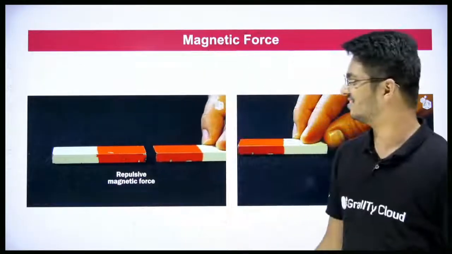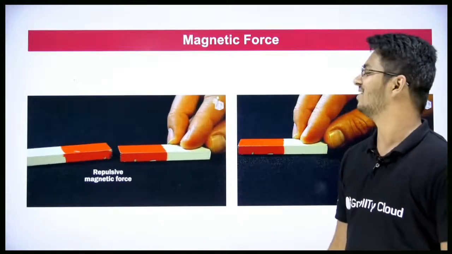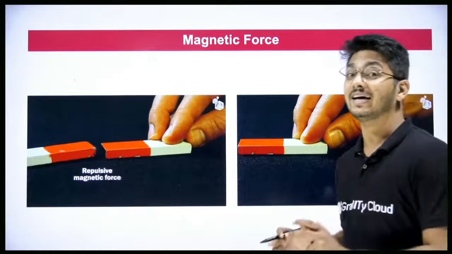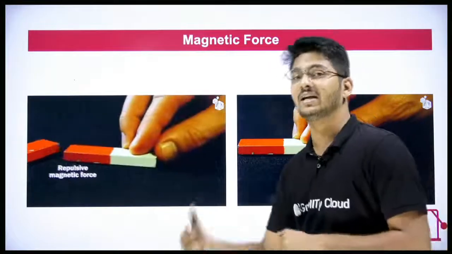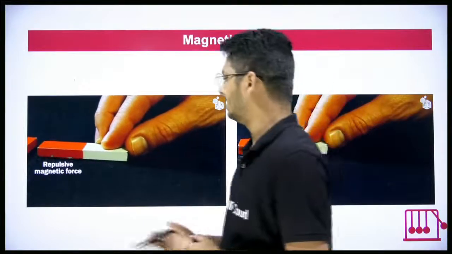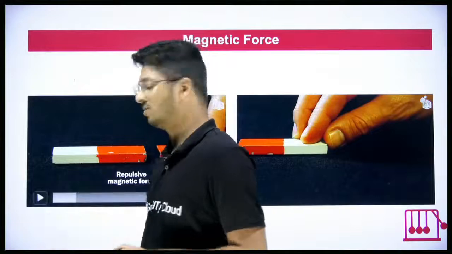What's happening? Magnet is getting repelled. So that's the case of magnets repelling each other.